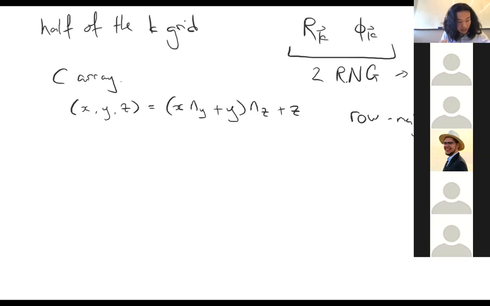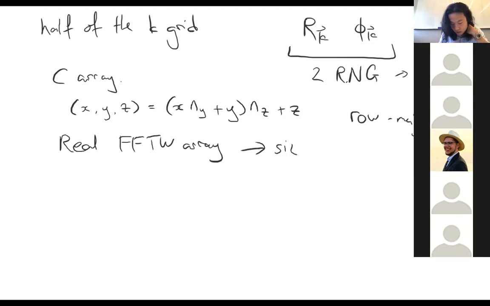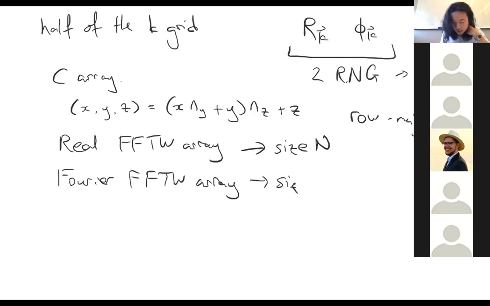An extra oddity with this is that you have the real FFTW array, and let's call this size n. Then you expect the Fourier FFTW array to be size n divided by 2, and each one is a complex number, so you have 2.